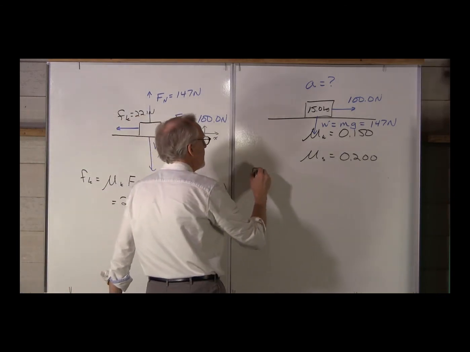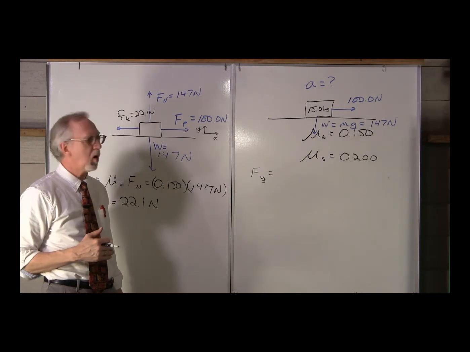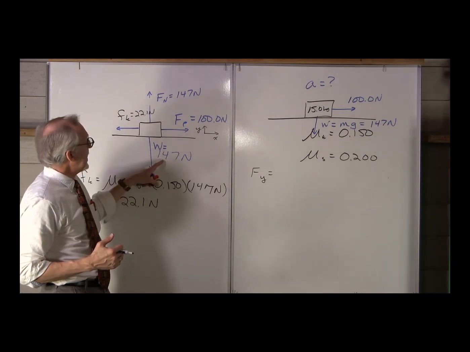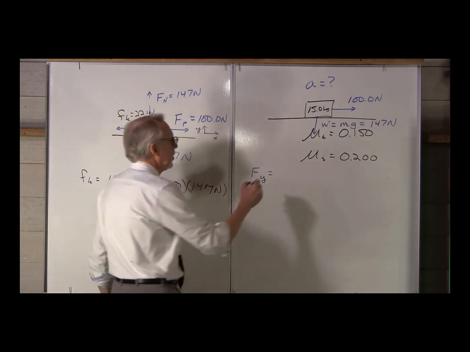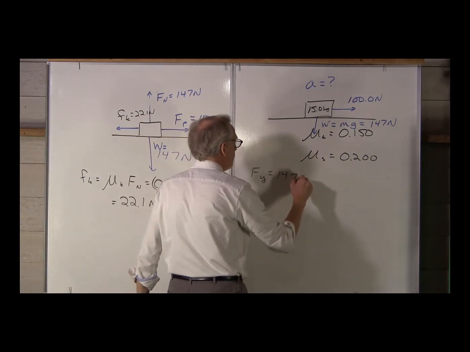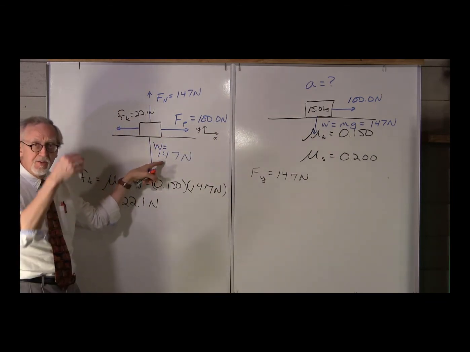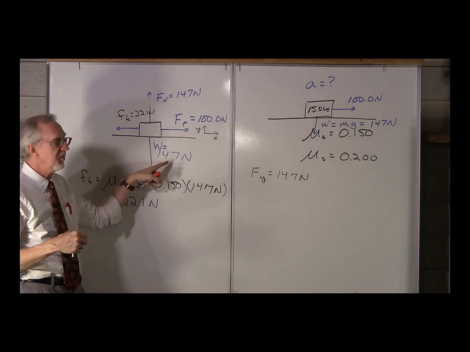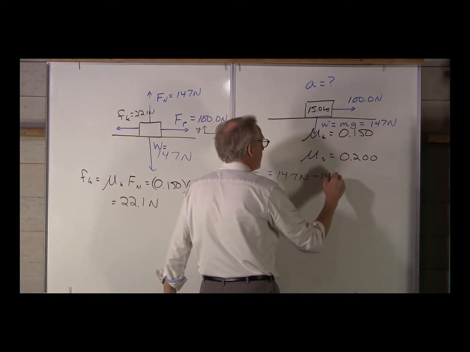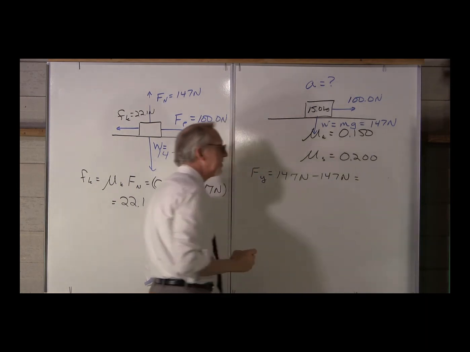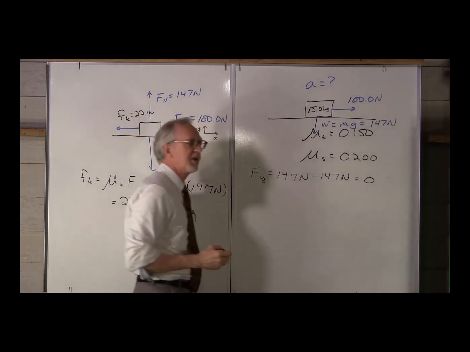Let's look at the net forces in the y direction. Well, we have the normal force pointing upward, so that's a positive 147 newtons. We have the weight, which is downward. Downward is negative, and so the weight gives us a minus 147 newtons, which gives us a net force of 0 in the y direction.